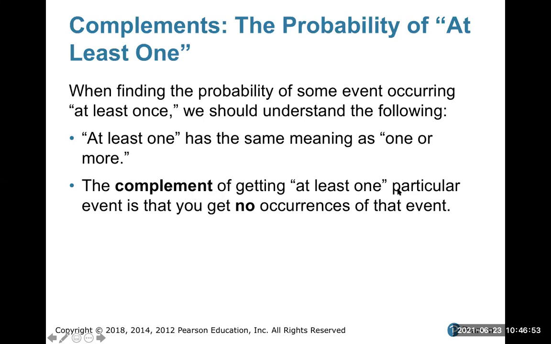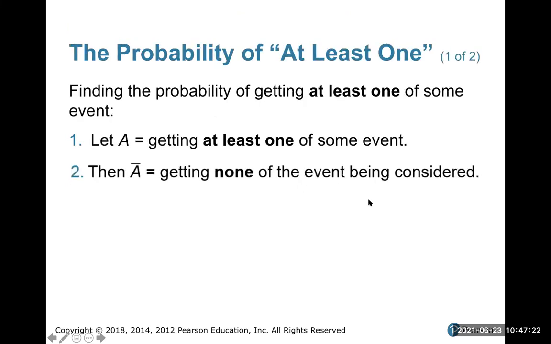If I say I drink at least 1 cup of coffee per day, that's 1, 2, 3, 4, at least 1. What is the complement to that? I drink no coffee. So the complement to at least 1 is none. I hope that's just common sense that you understand.